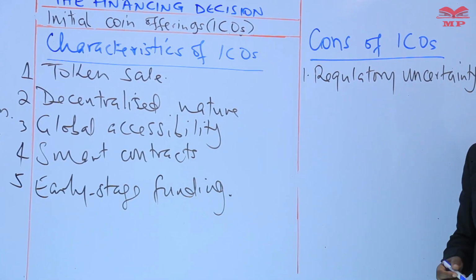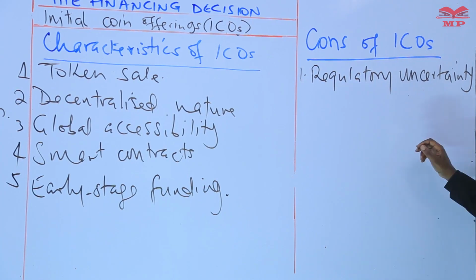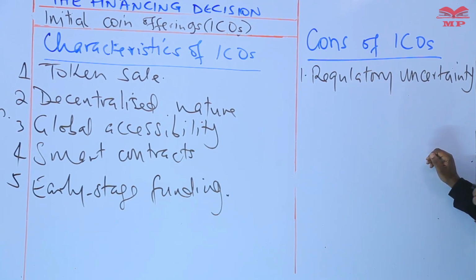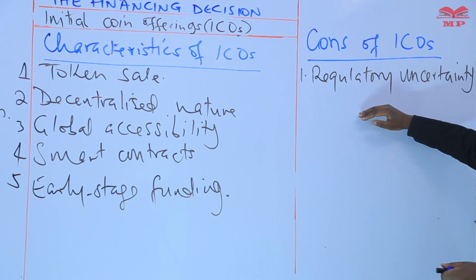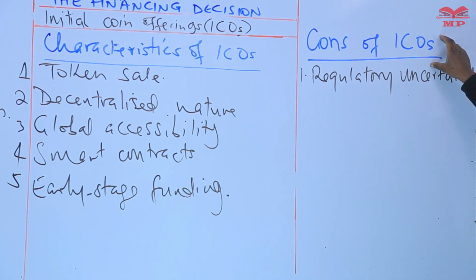The regulatory environment for ICOs is often uncertain and can vary significantly between jurisdictions. So regulatory challenges and compliance issues can pose risks for both issuers and also the investors. There is regulatory uncertainty when it comes to ICOs.